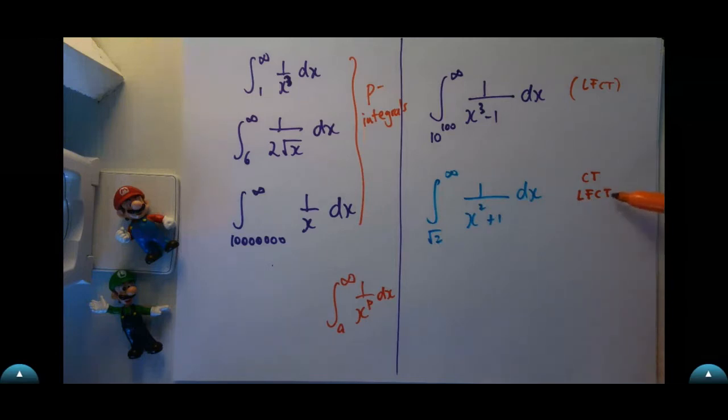So we've got comparison test, limit form of the comparison test. What's another strategy for seeing whether this is finite or not? The p-test is not okay for this, Javanka, but that's a good suggestion. What other methods do we know? What other methods?